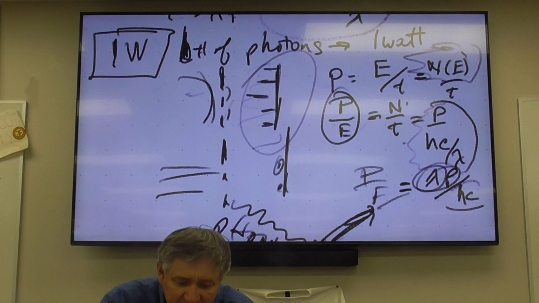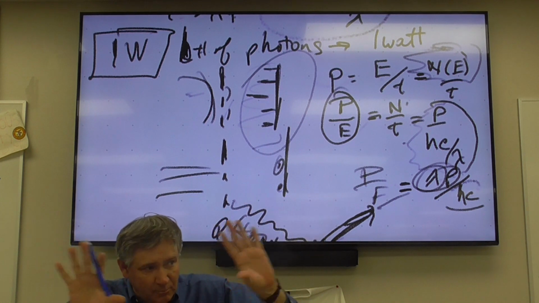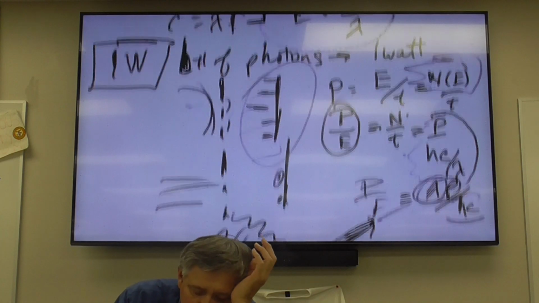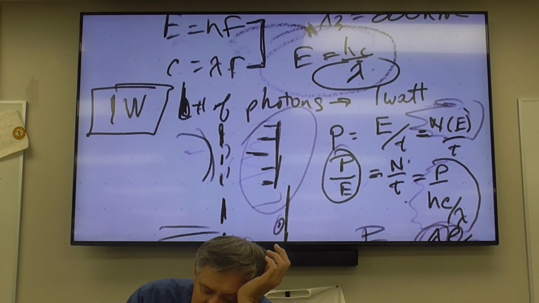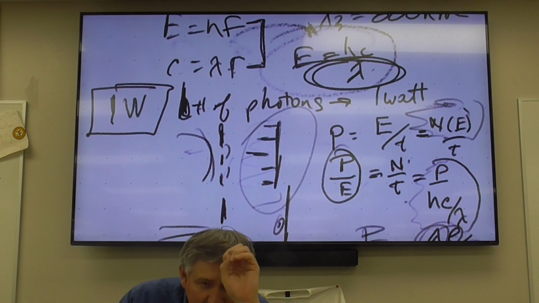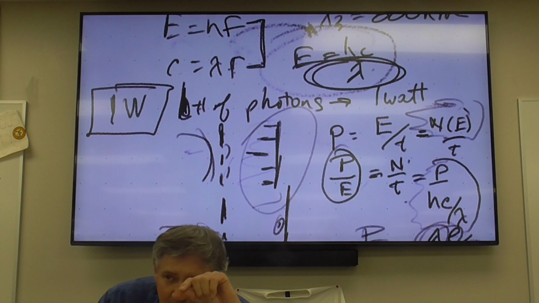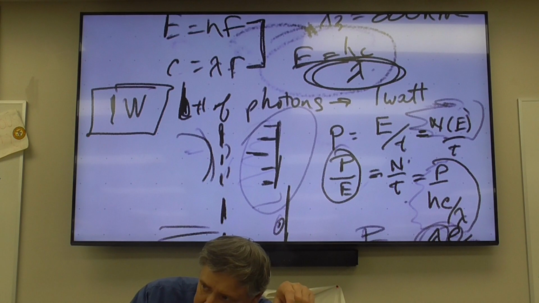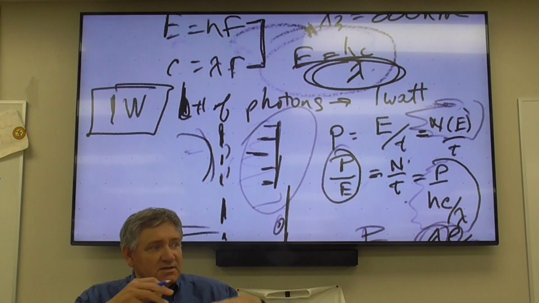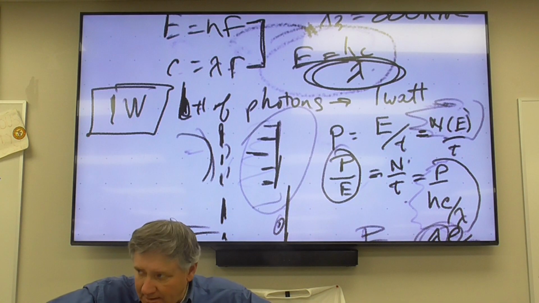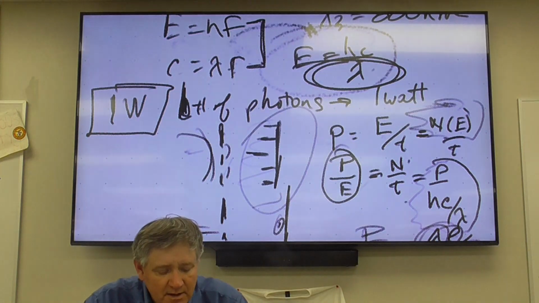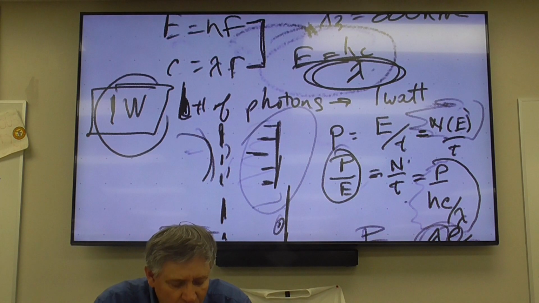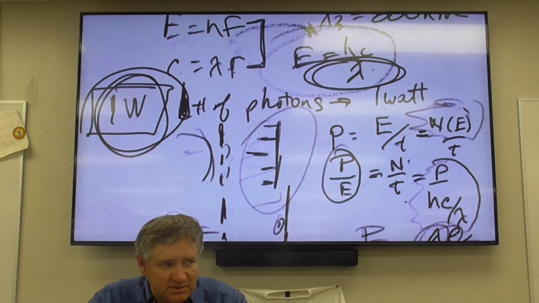If the wavelength gets longer, and this is where we're going to morph these two ideas together, what happens to the energy per photon? It decreases because you're dividing by a bigger number. So if you want 1 watt, this is the amount of energy that you have.